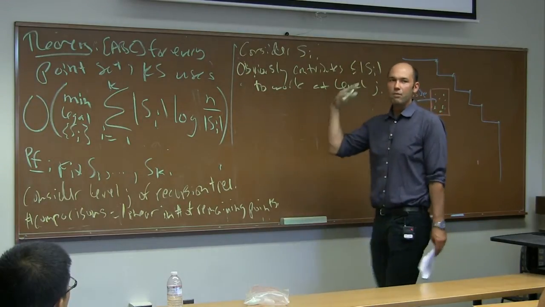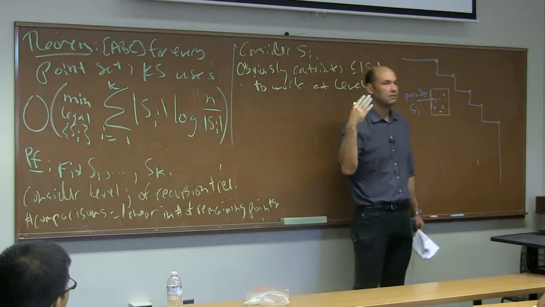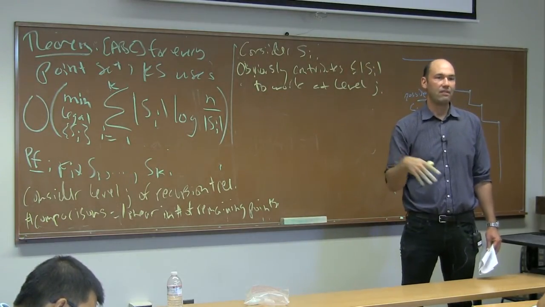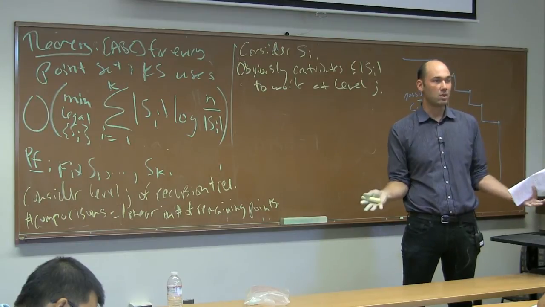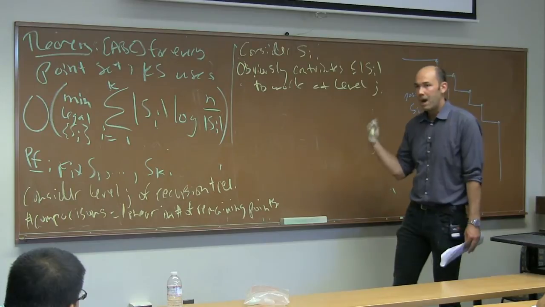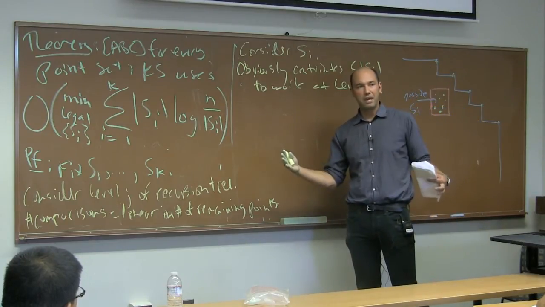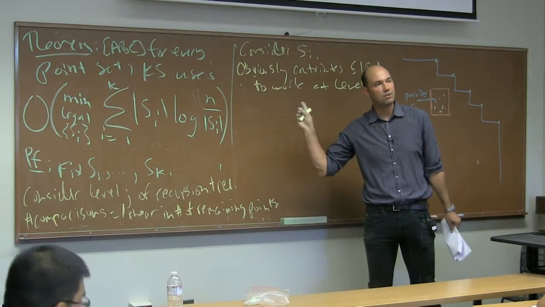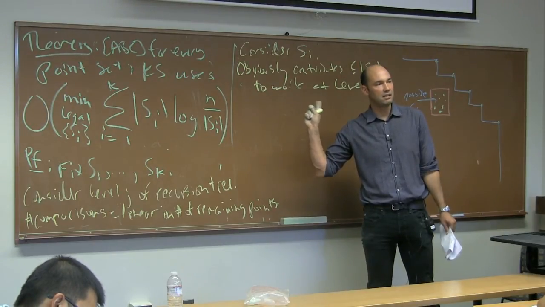And at early recursion levels, that's all we're going to be able to say. Certainly at the top of the tree, all the points really do remain. Okay, and if we haven't done much recursion, we haven't done much pruning, for all we know, they're still there. But once j gets big, deep in the recursion tree, after lots of pruning has happened, we can start saying non-trivial things about how much of S sub i is left.